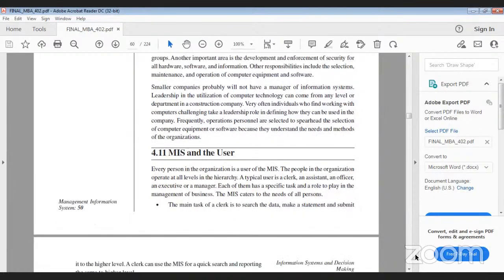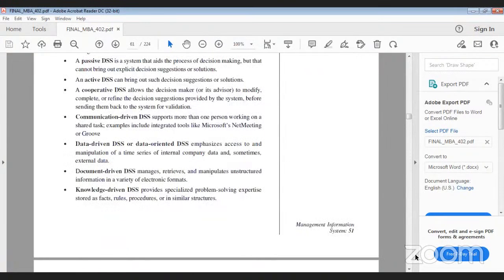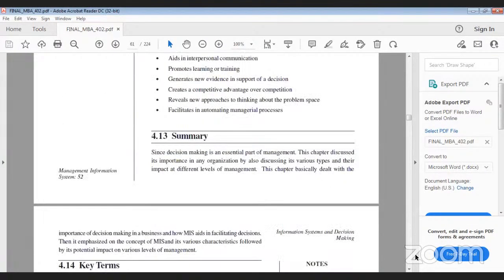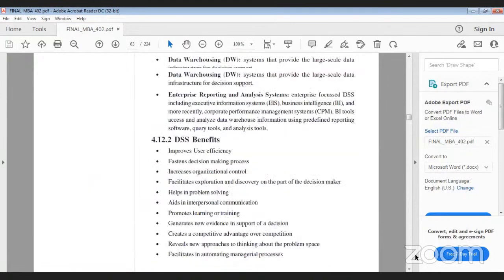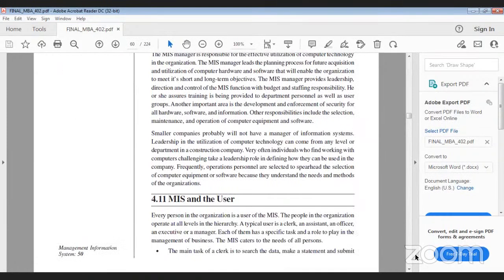Next one is MIS and the user. Every person in the organization is a user of MIS, the people in the organization at all levels in the hierarchy, or typical users in the class of assistant and officer executive.